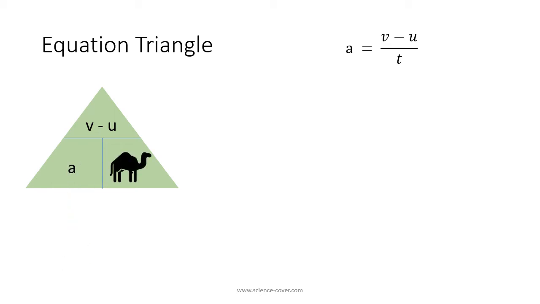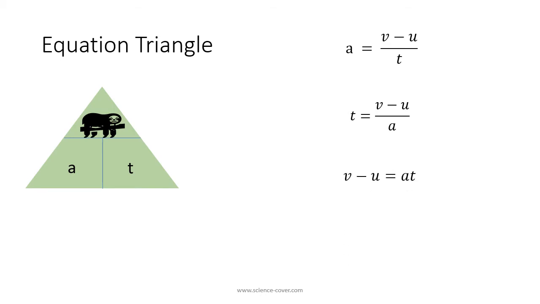If we're after the time, then we can see that v minus u divided by a will give us the time. But if we cover up v minus u, then it tells us that v minus u is equal to at. Now we can rearrange this equation in two ways.